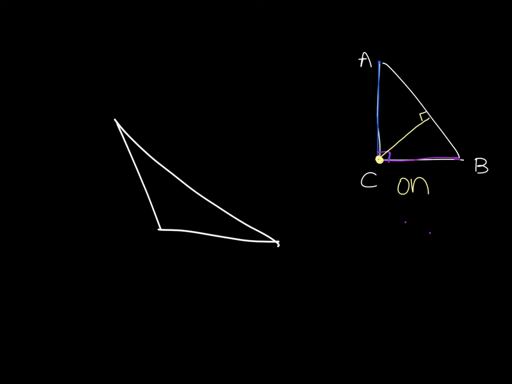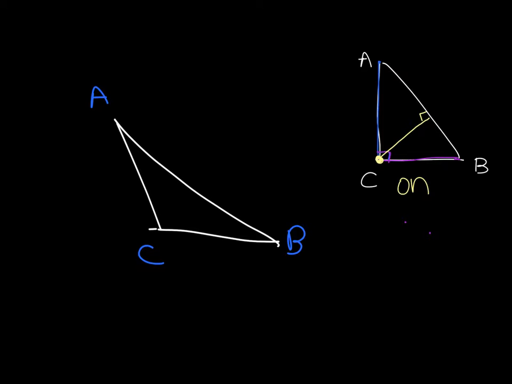If I go from A to the side opposite and draw lines like this, do any of those hit the side opposite at a right angle? No, which is why the definition of an altitude says, or the line containing the side opposite.